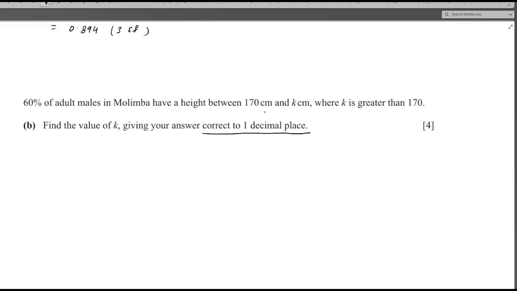Now what I will do is say that the probability of X more than 170 and less than k is 60%, that is 0.6. Now I will convert this into Z: the probability of Z more than (170 minus 176) divided by 4.8 and Z less than (k minus 176) divided by 4.8 is equal to 0.6.